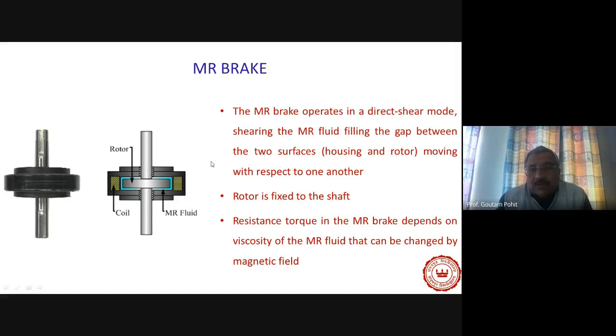Resistance torque in the MR brake depends on the viscosity of the MR fluid, which can be changed by the magnetic field. We can change the magnetic field with the help of this coil. Depending on the strength of the magnetic field, we can change the friction properties between this MR fluid and the disc, so accordingly we can change the braking force.